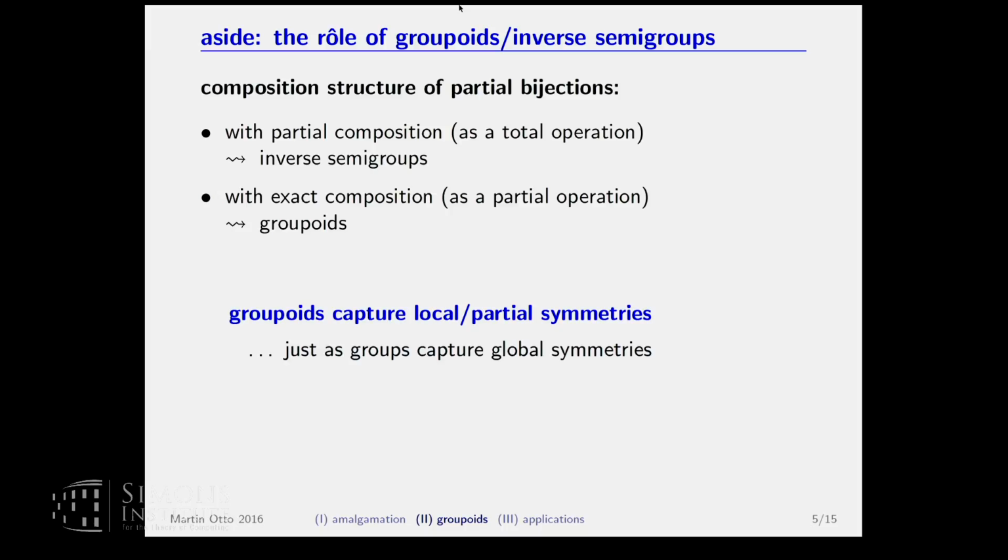In our constructions, the composition structure of partial bijections can be described algebraically or combinatorially, either with a partial composition operation, in which case you get inverse semigroups, which is a total operation though, or you use exact composition where you only compose them where they match in terms of domains and ranges, and then you're talking about groupoids, which have a partial operation of composition because you can only link them where they match. Okay, so groupoids, but you could have used inverse semigroups instead. So do for partial symmetries or partial bijections what groups do for global bijections, global symmetries.